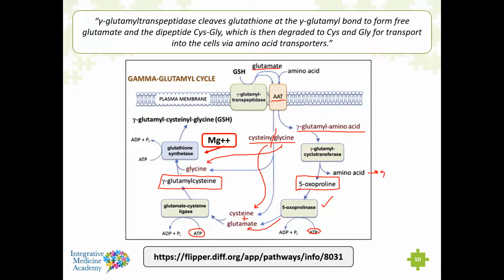That then combines with glycine under the direction of glutathione synthase to become gamma-glutamyl cysteinyl glycine, otherwise known as glutathione. And notice we have ATP happening here at 3 different steps. Turns out that glutathione synthase is a magnesium-dependent enzyme as well.